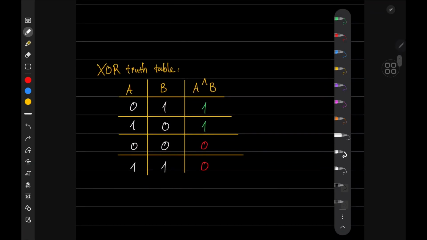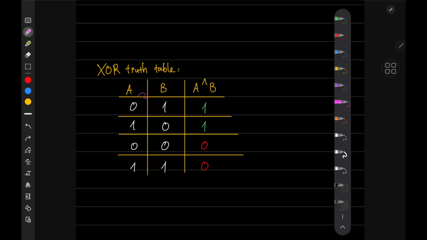So this is the XOR truth table. We see that with bit A and bit B, if we flip either one of the two bits, the result is going to change from either 0 to 1 or 1 to 0, right? Because as you can see here, this is 0 and 1.